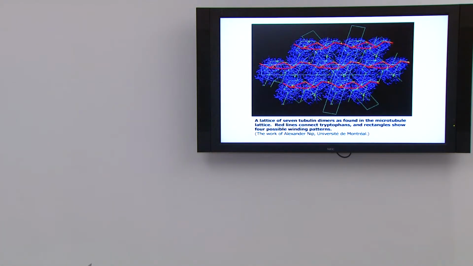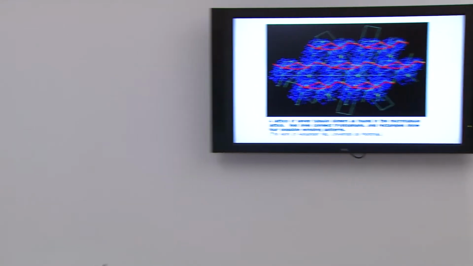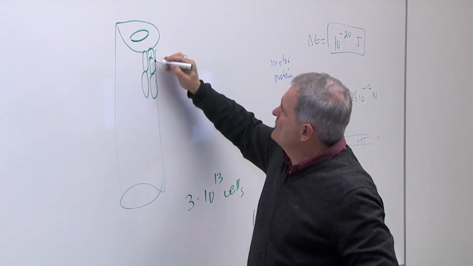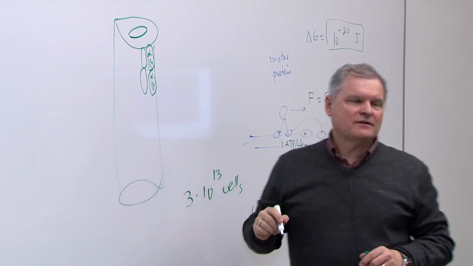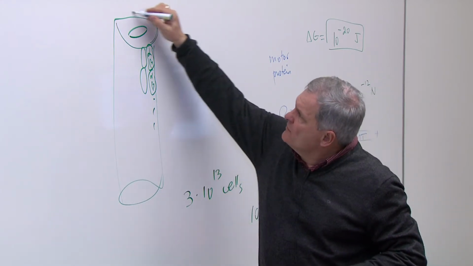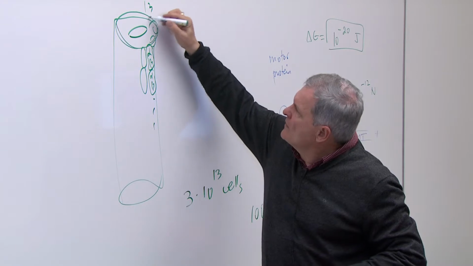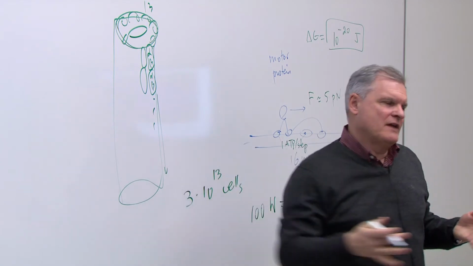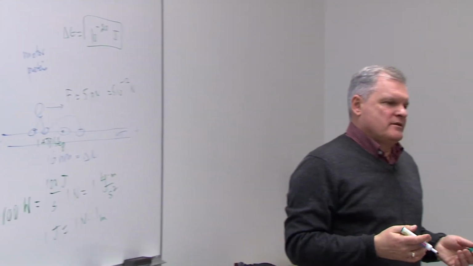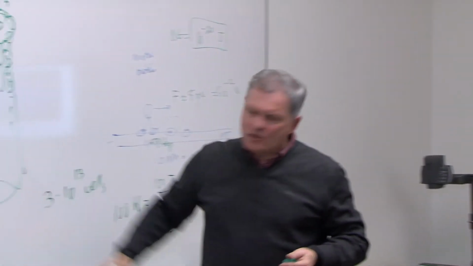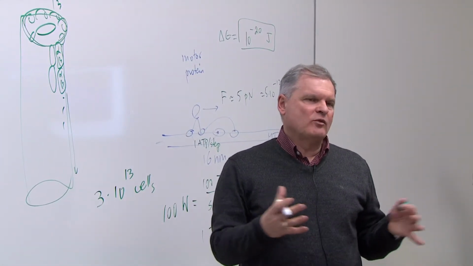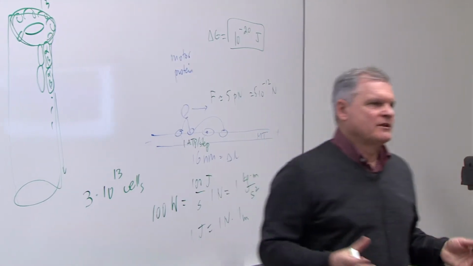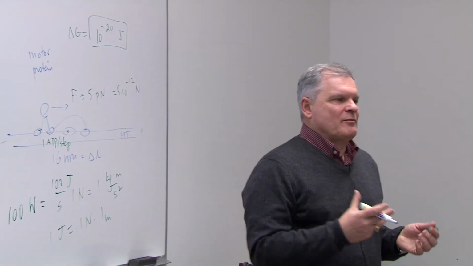I don't know if you remember from biology, but that's a microtubule, and this is a tubulin dimer, alpha, beta, and there are 13 of these protofilaments making one microtubule, and then you may have up to, let's say, 1,000 or 2,000 rows, which would give you a microtubule that is 10 to 20 micrometers long, which is typical in cells, including neurons. And neurons, as you will see in a second, are packed with microtubules.